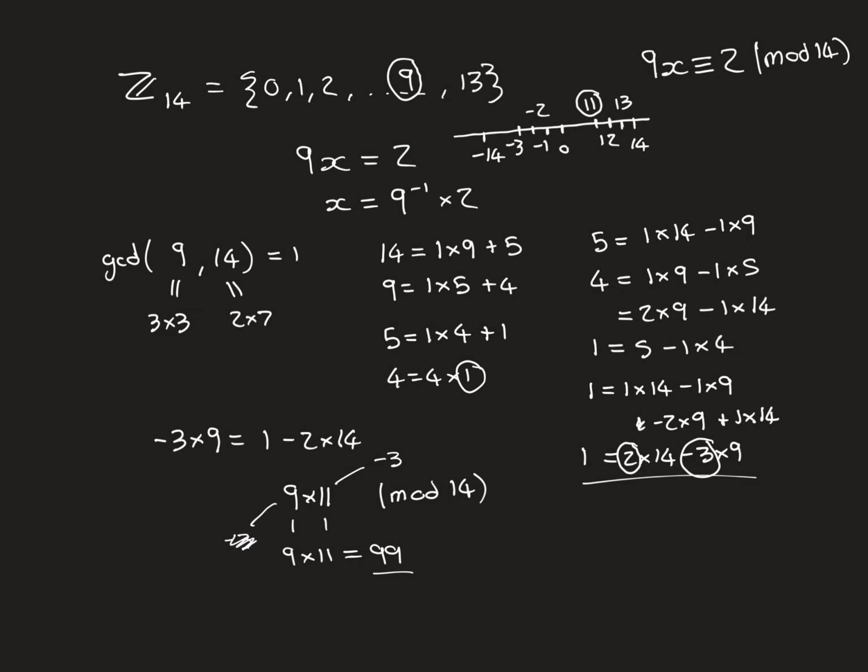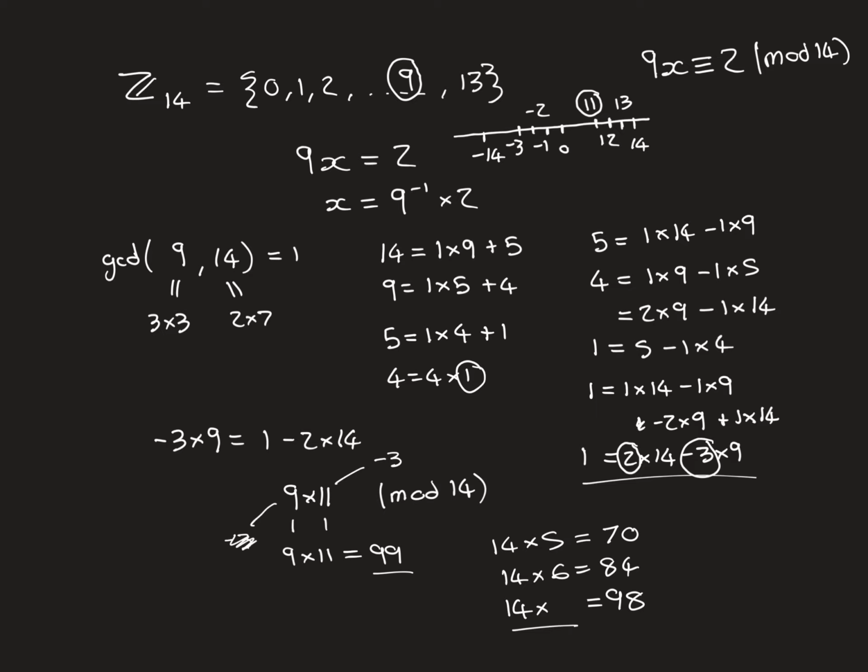So 99, we just now need to multiply 14 by something. So let's try 14 times 5 firstly. This will give us 70. So then let's do 14 times 6, that will give us 84. 14 times 7 will give us the bang on number 98. So 14 times 7, sorry, not times 17.